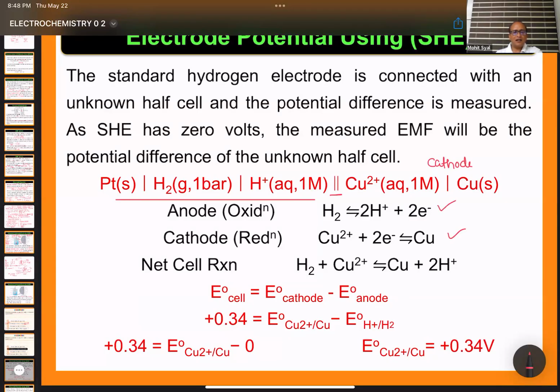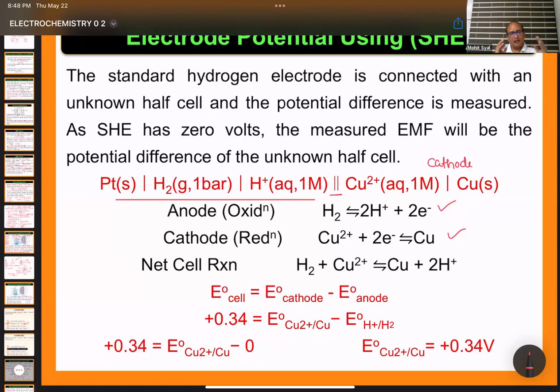So this standard hydrogen electrode can act like anode as well as it can act like a cathode. Jasleen, it will act like an anode if it loses electron. If it is acting like a cathode, it can gain electron. Because it is having both the tendencies equal, that's why it is assigned zero value.